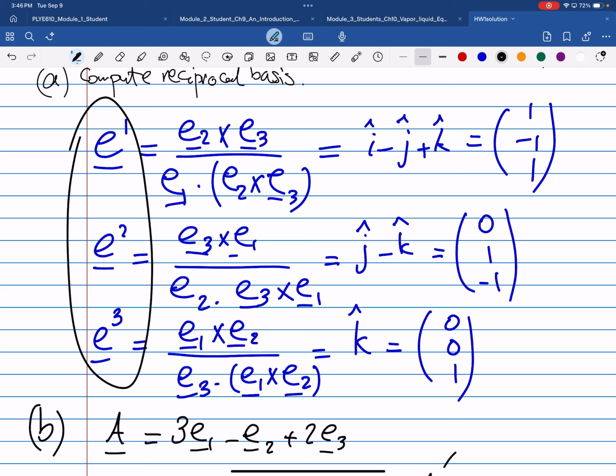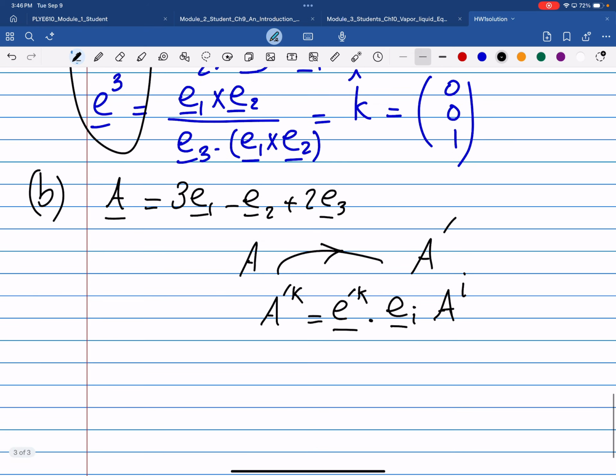The rule for transformation: think about it. We have a primed coordinate system that we are going to from the original coordinate system. The rule is I need to calculate the reciprocal of the primed one. I have 3 basis vectors in the new coordinate system, and I'm going to calculate the reciprocal of those 3 vectors.